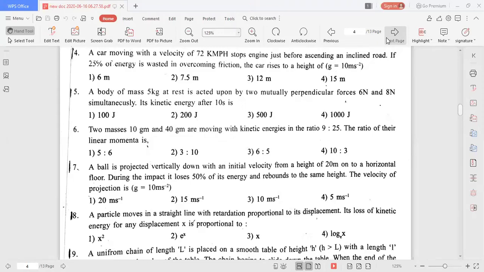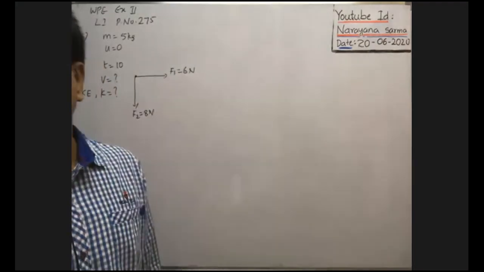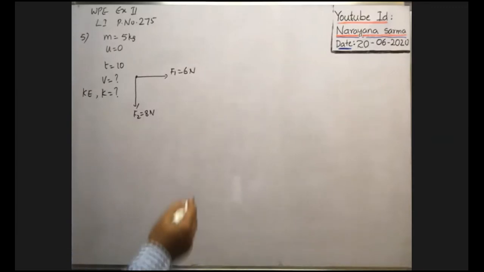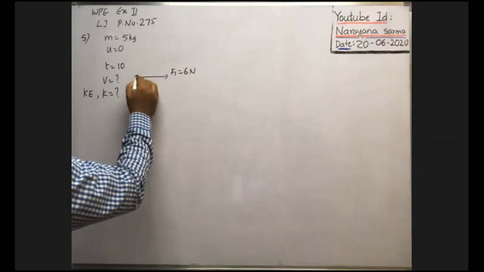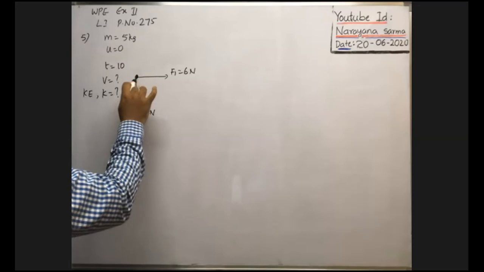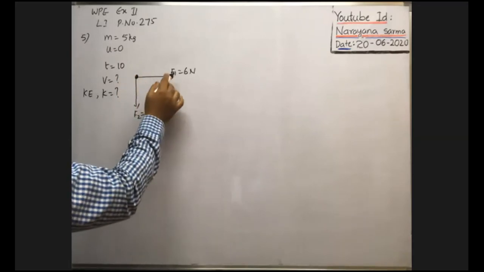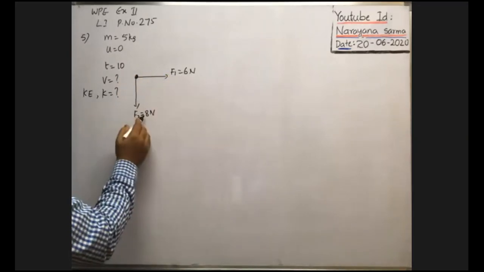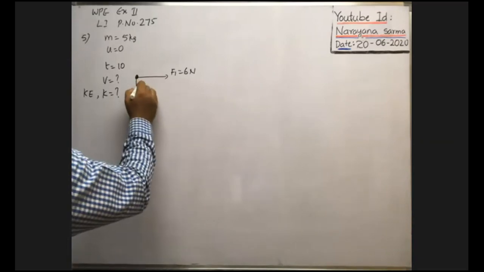Okay, all of you look at the board now. You see here there is a body having mass m. It experiences two perpendicular forces, F1 is equal to 6 Newton and the other force is 8 Newton. These two are perpendicular to each other.